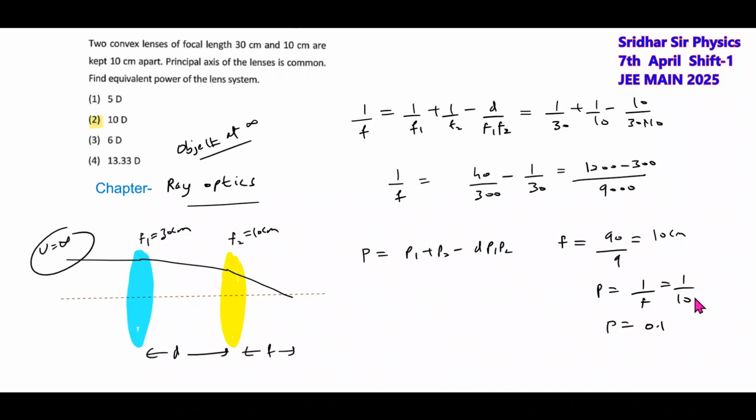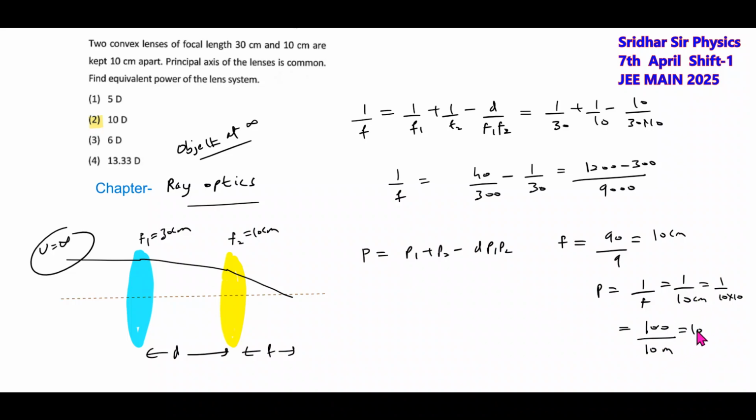This is in centimeter, so we convert it: 100 centimeter will become 1 meter.